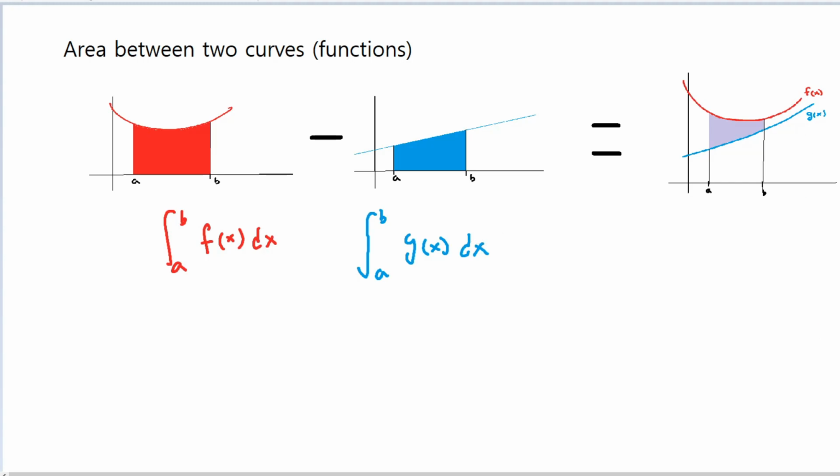If you overlap these two functions, pretend that they're overlapping, we're taking this whole area and subtracting the smaller area, and we'll get the result of this.